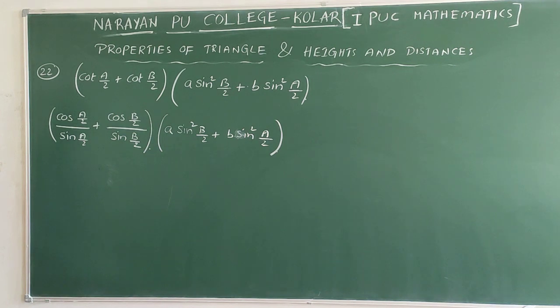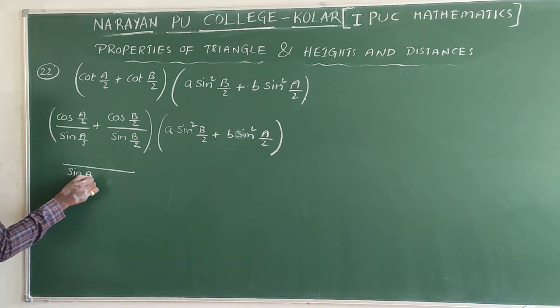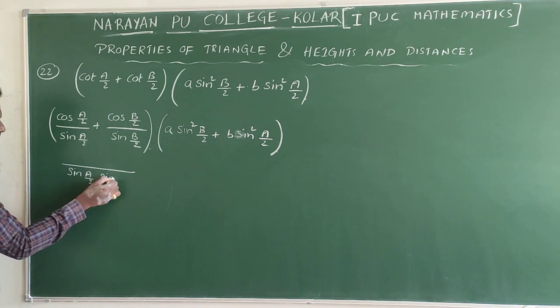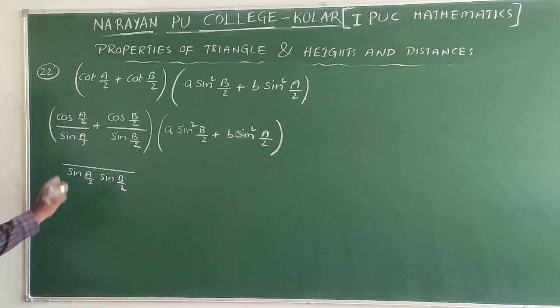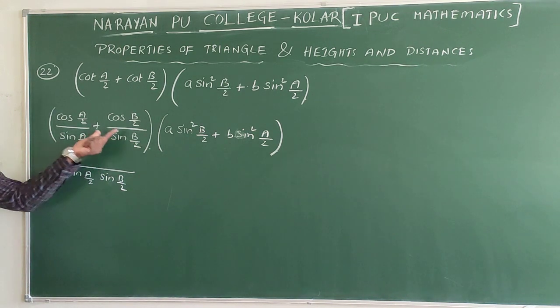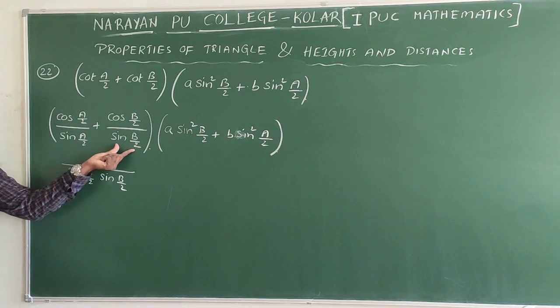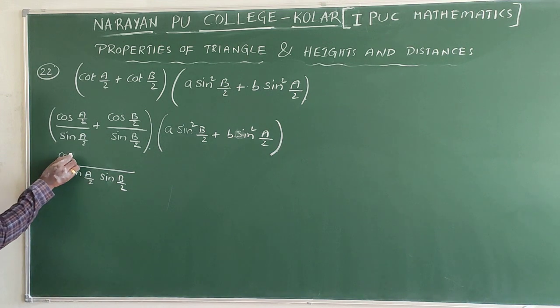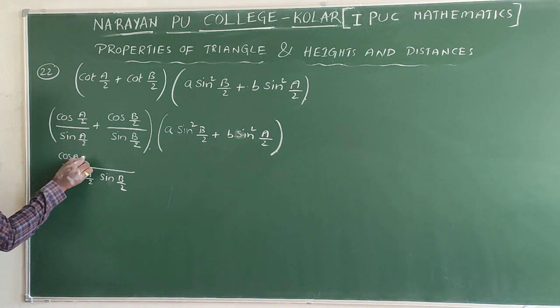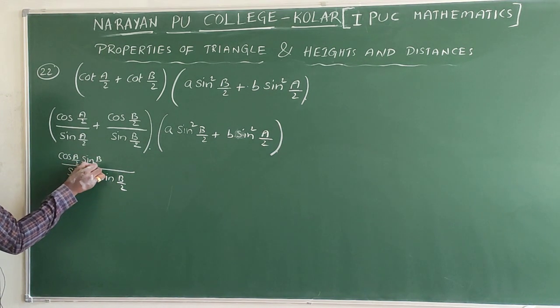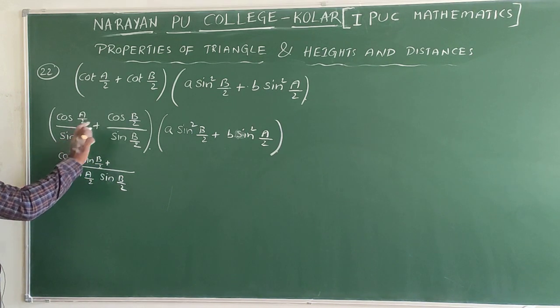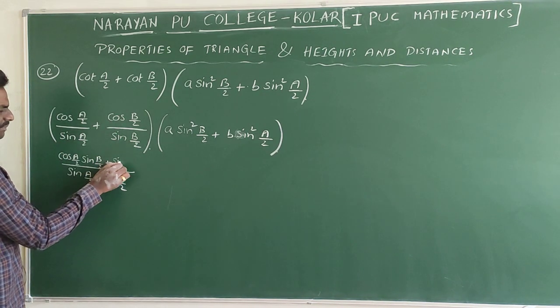Now again, if you take the LCM, sin(A/2) sin(B/2) is the LCM, cross multiply: cos(A/2) into sin(B/2) plus sin(A/2) into cos(B/2).